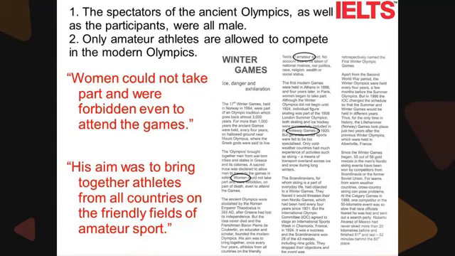It talks about amateur sport, but it doesn't tell us directly what type of athletes can take part in those sports. So the answer is not given. It says athletes from every nation, but it doesn't talk about the type of athlete.